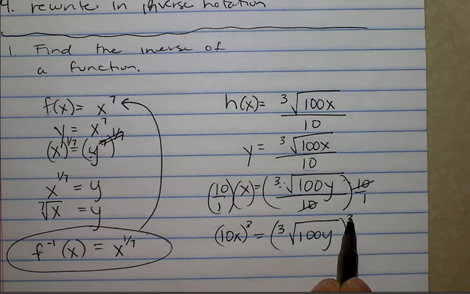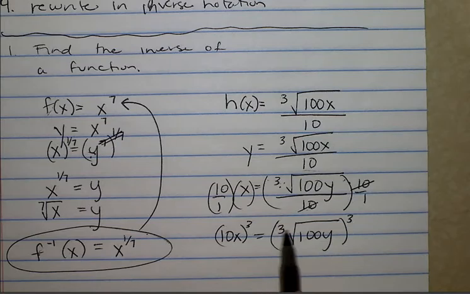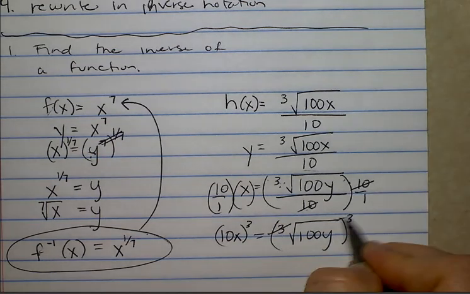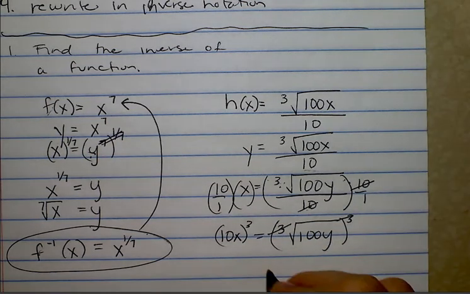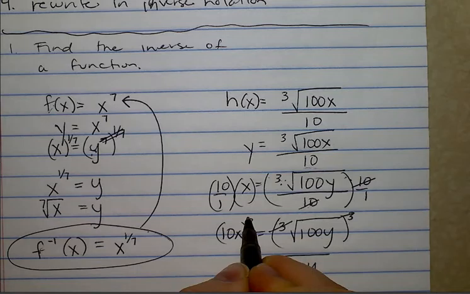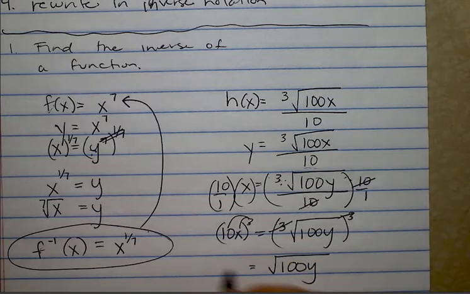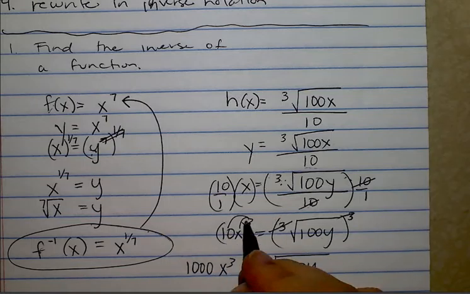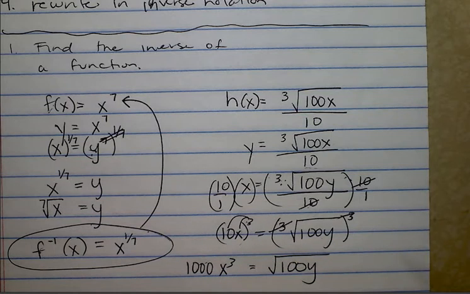The 3 and the cube root, because this is really to the 1/3, are going to cancel out or become 1s. And when you apply this cube to both the 10 and to the x, you get 1,000 x cubed, because 10 cubed is 1,000, x cubed is obviously still x cubed.